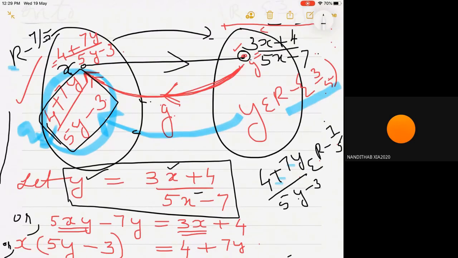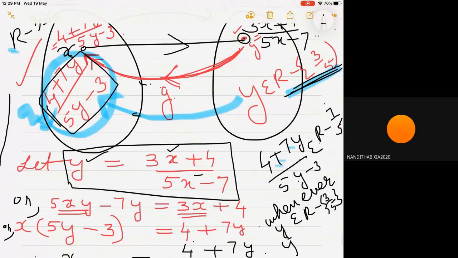whenever y is from R minus 3 by 5. Mind that your set is R minus 3 by 5. That means y is never equal to 3 by 5, right?